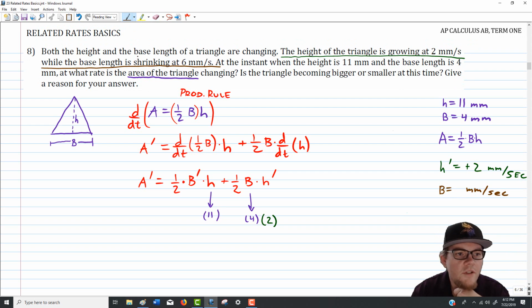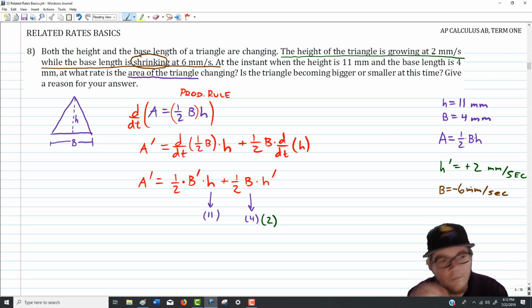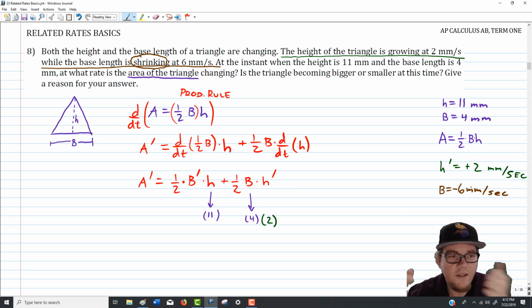Hopefully what's catching your attention is the word shrinking. It says the base length of the triangle is shrinking at 6 millimeters per second. That means this won't be positive 6, but negative 6, to build in the fact that the values of b are getting smaller and smaller. So weird to think, the triangle is getting smaller vertically, but stretching out further to the sides on its own.